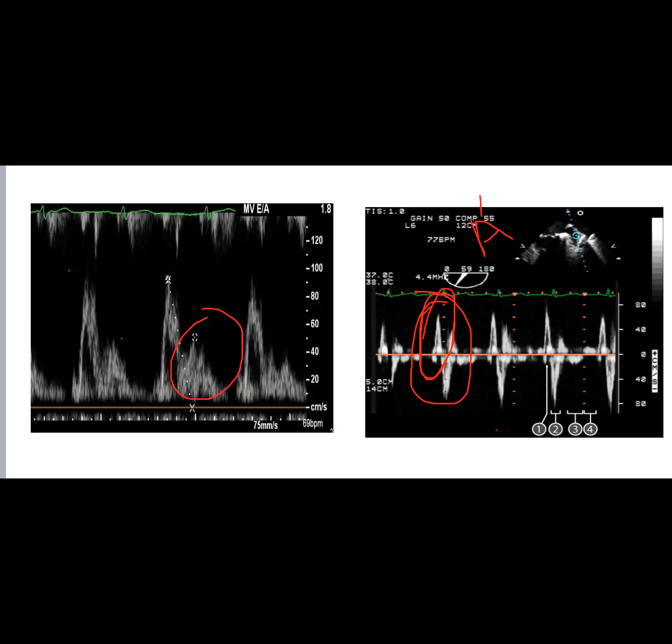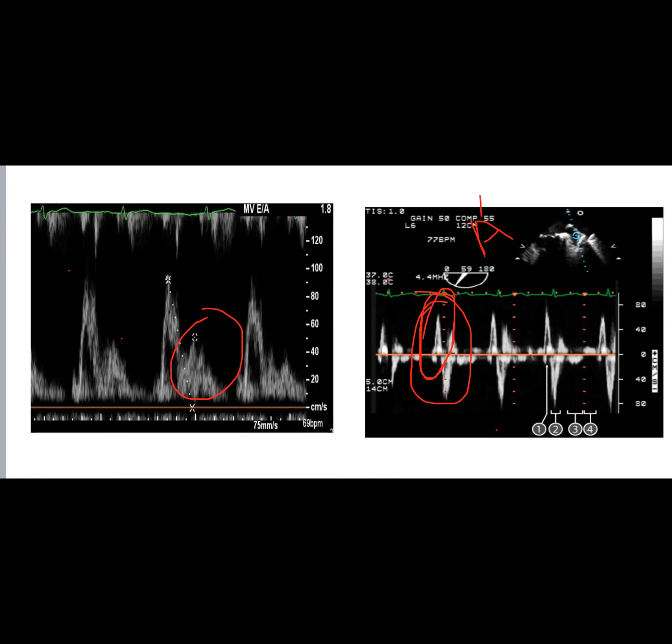Which one is bigger, the LA appendage or the mitral inflow? The LA appendage. Exactly. What does that tell you? There is no obstruction, no thrombus. Yes, but what does it tell you in terms of flow?